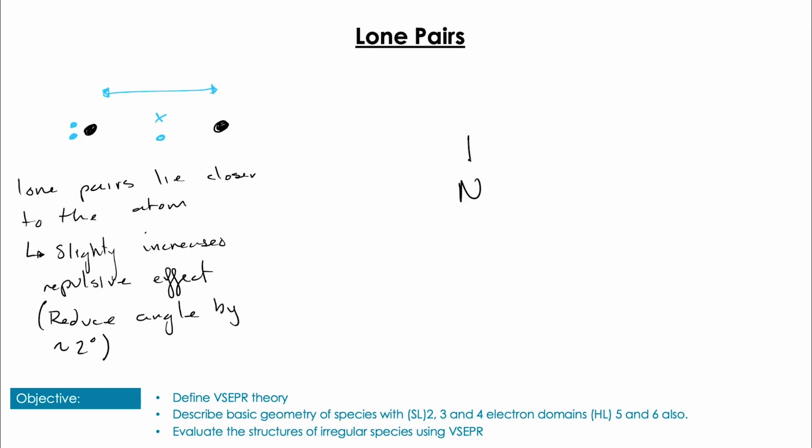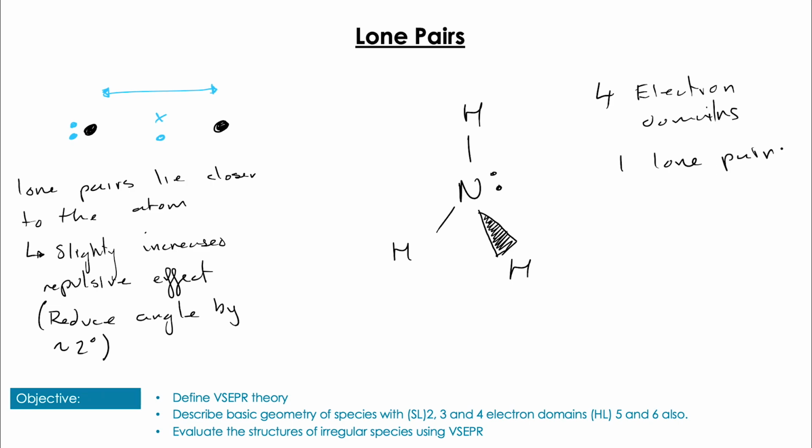If we use the example of NH3, it's nitrogen with 3 hydrogens, we see that we're going to have 3 single bonds to the hydrogens and a lone pair left over. Now, this is 4 total electron domains, so it has a basic geometry of tetrahedral, but it has 1 lone pair.